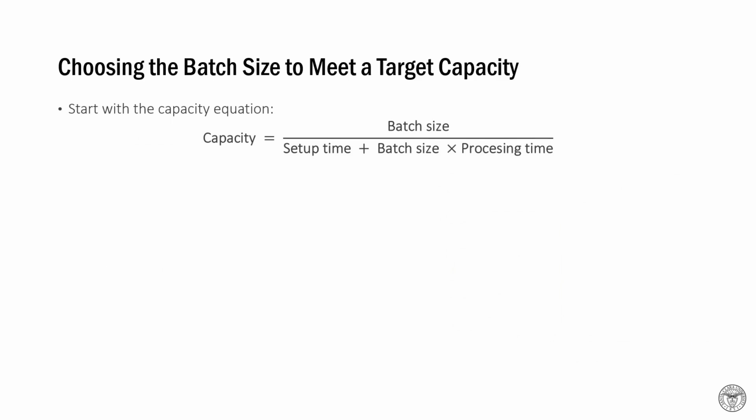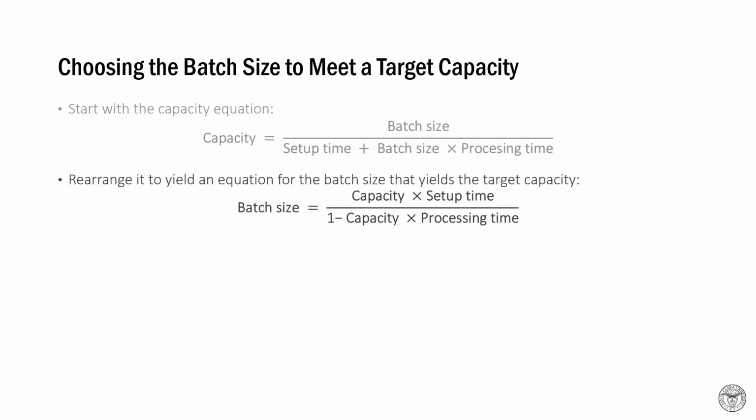To answer the previous question, we will discuss the process of choosing the ideal batch size to meet a specific target capacity in our operations. To begin, let's consider the capacity equation. Capacity equals batch size divided by setup time plus batch size times processing time.